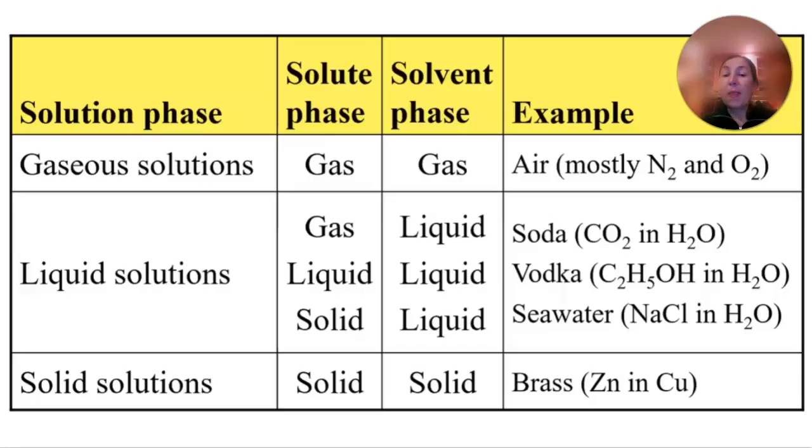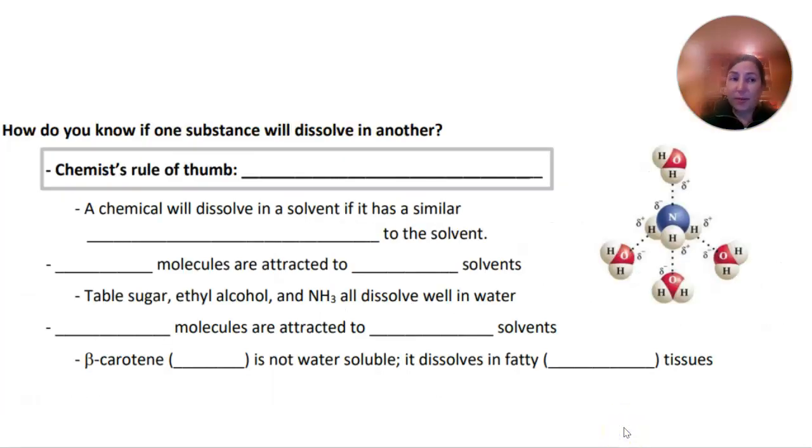For example, brass is zinc and copper. Bronze is an alloy of tin added to copper. When we alloy metals, we have to heat them up and mix them evenly, but this often improves the properties of the metals. So lots of good reasons to make solutions.